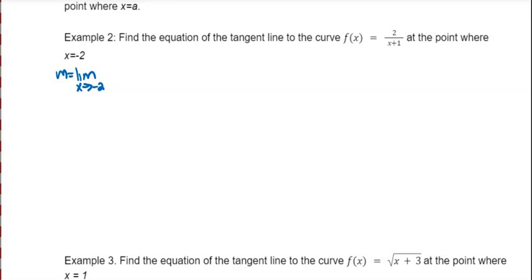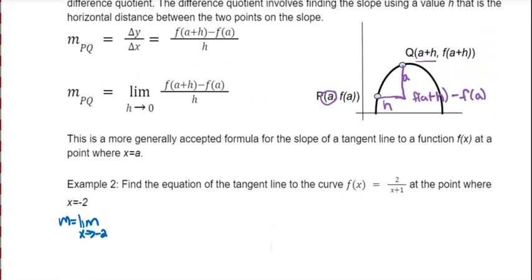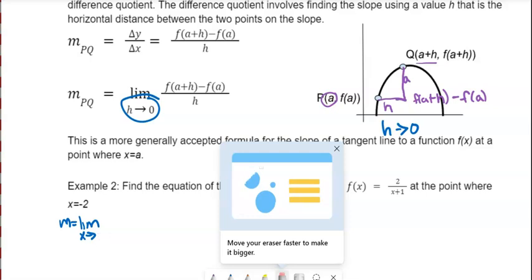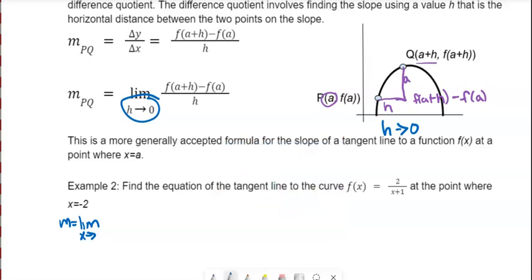Okay, so I want to know as this change actually gets closer to 0, as h approaches 0, what is this slope here? Actually, I'm going to 0 here. Goodness.